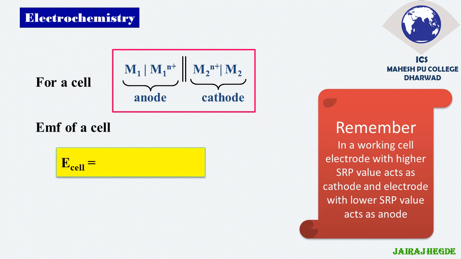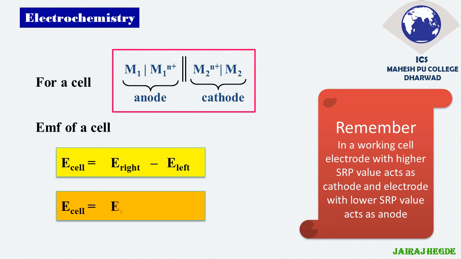So EMF of the cell, as I have told earlier, cell potential or EMF of a cell is calculated by a simple formula: E right minus E left. E right minus E left, or as I have told you in the definition itself, E cathode minus E anode.